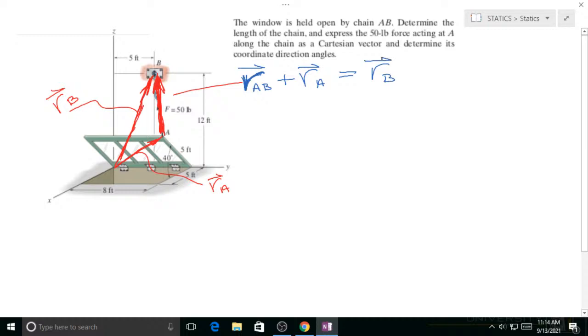The reason I'm having to do this is because the person who wrote this problem put this 5 foot and 40 degrees. He's probably just wanting us to figure out how to find that. So that's the hardest thing I've got to do.